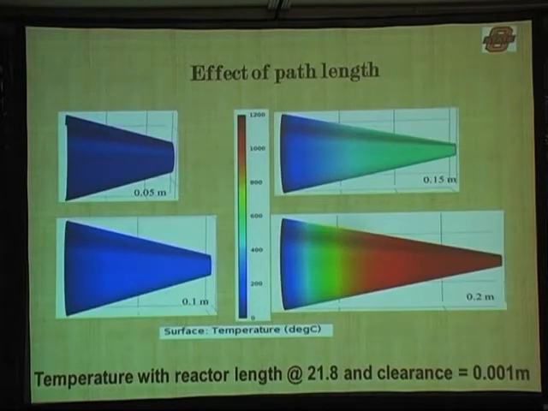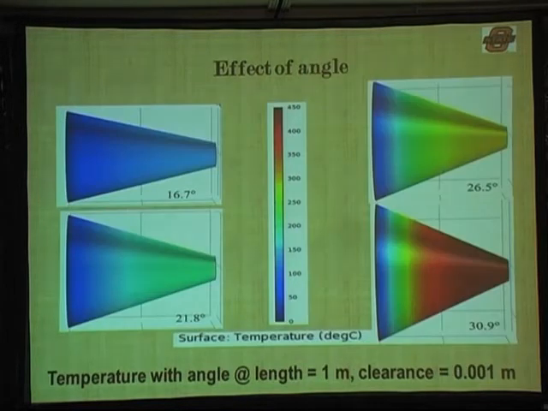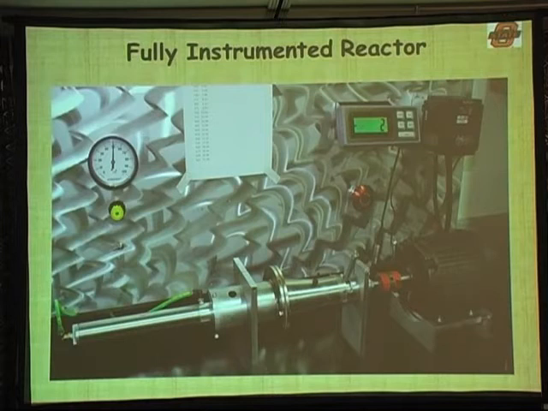We tested the length of the core, and how much energy you put in is a function of the contact area. So if there's more contact area, there tends to be more heat that we can apply. And we looked a little bit at angle. So we tested the variables before we went to the shop and actually built something.